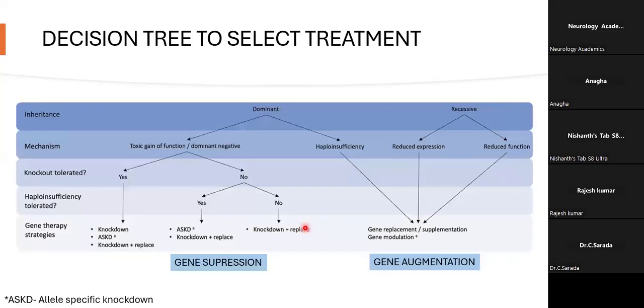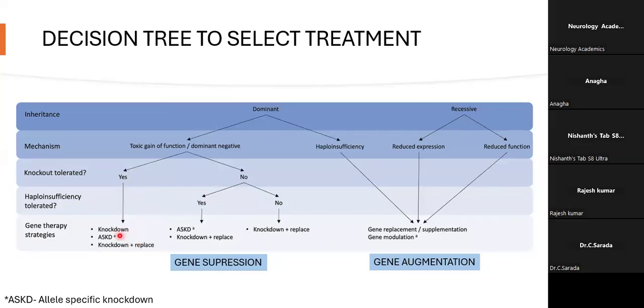So coming to the decision tree to select treatment, like we mentioned before, in the case of recessive mutation with reduced expression or reduced function, or in the case of haploinsufficiency with dominant mutation, the main method of therapy will be gene replacement or supplementation. That is the gene augmentation method which we have discussed. Whereas in the case of dominant mutations with toxic gain of function or dominant negative, if the knockout is tolerated, then the knockdown, which basically means gene suppression, is used.